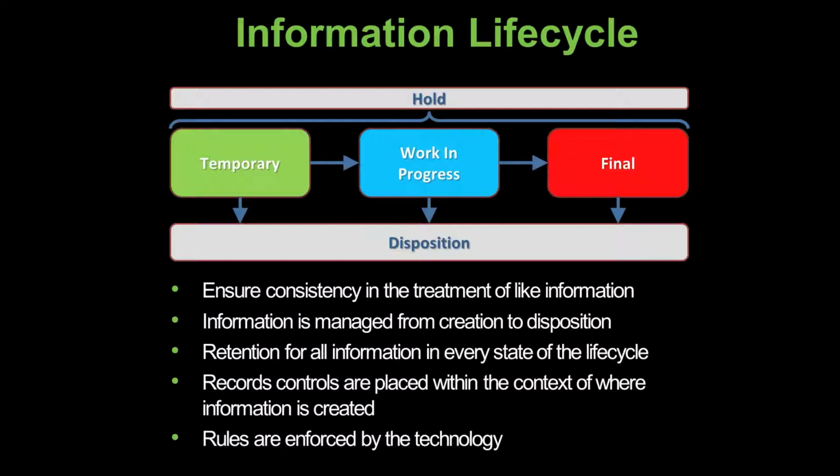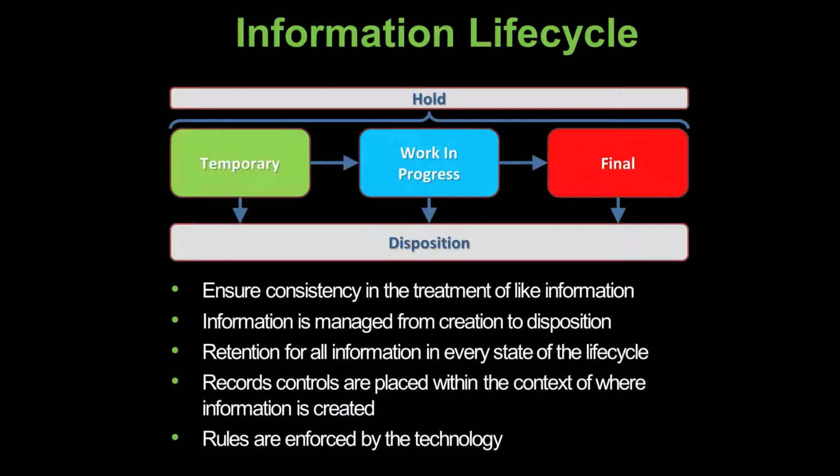With the information lifecycle, records controls are placed within the context of where information is created. So by understanding the information lifecycle, we can start to align our records management controls within that context.